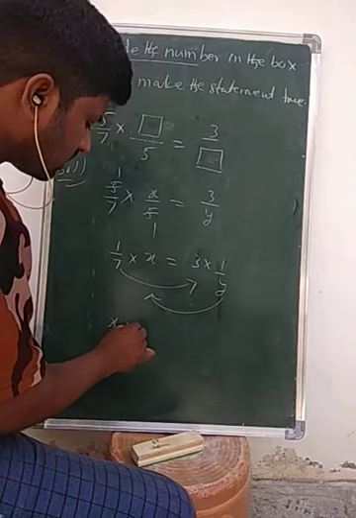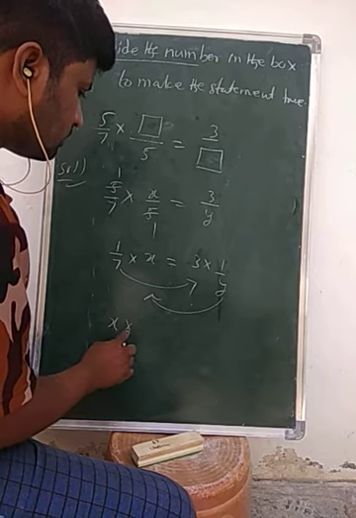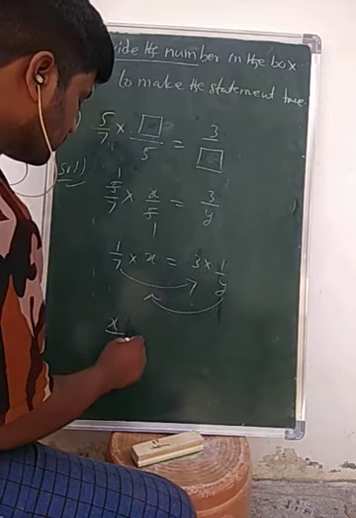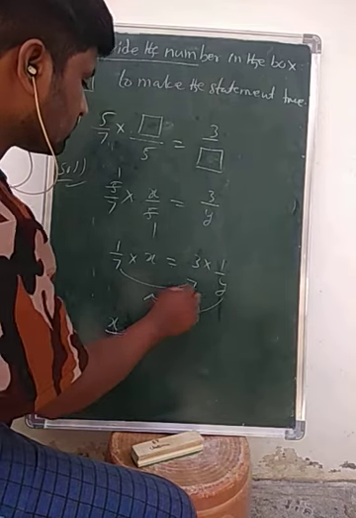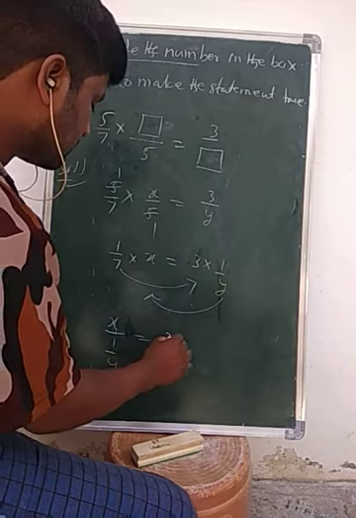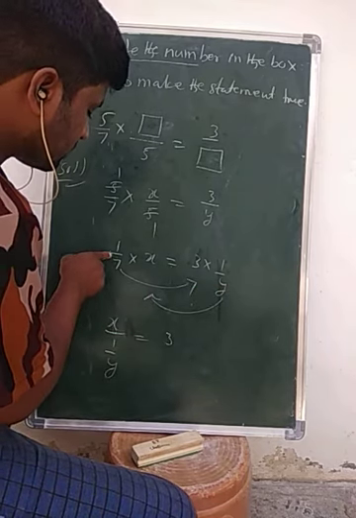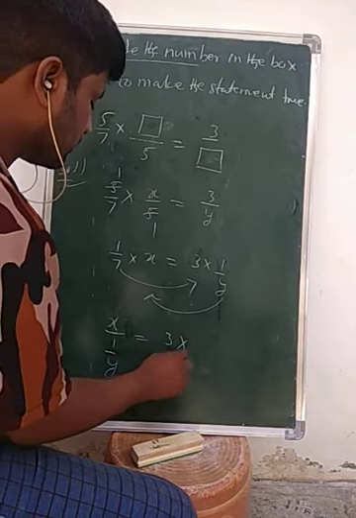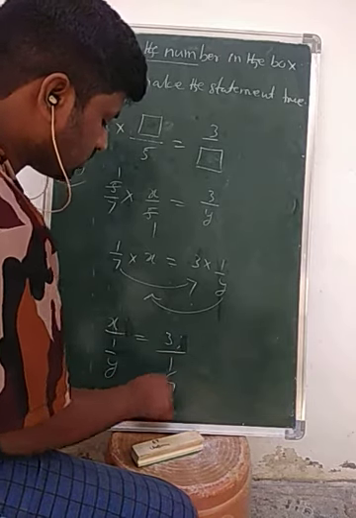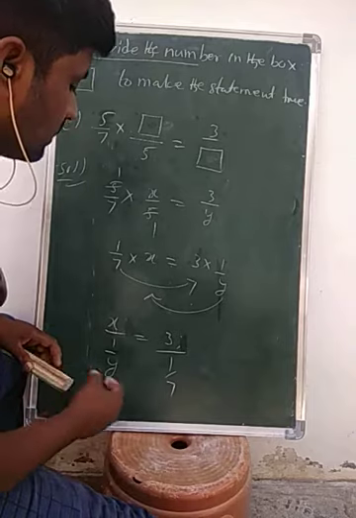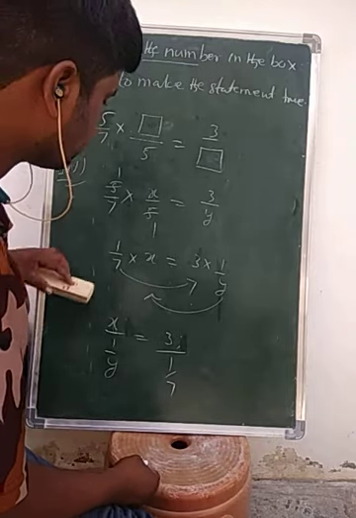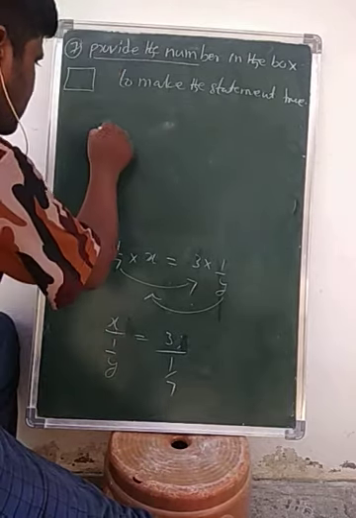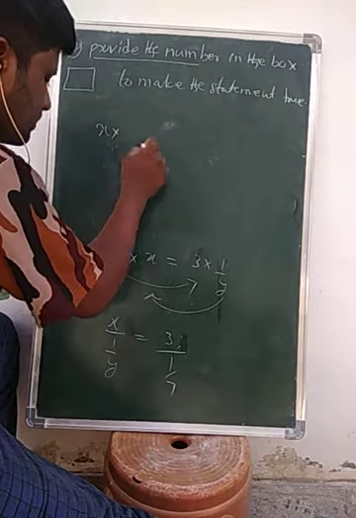By taking the reciprocal, x by 1 by y is equal to 3, and 1 by 7 transposing to this side also becomes a division quantity, 1 by 7. Now we can write x into 1 by y, which becomes y by x.